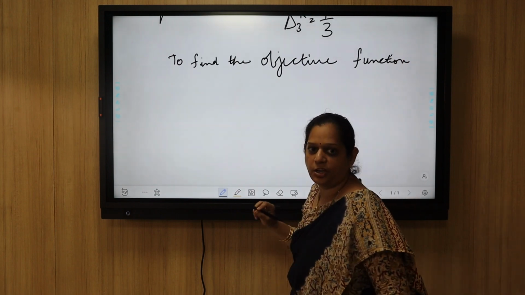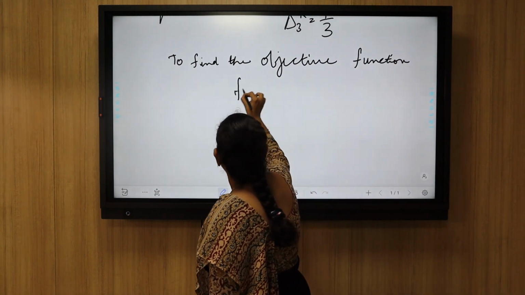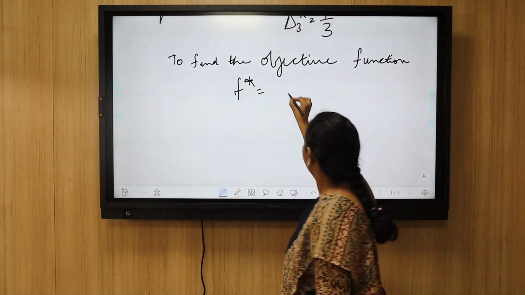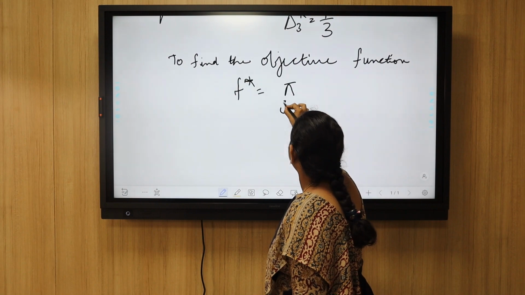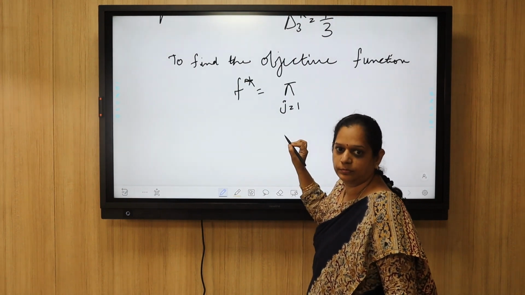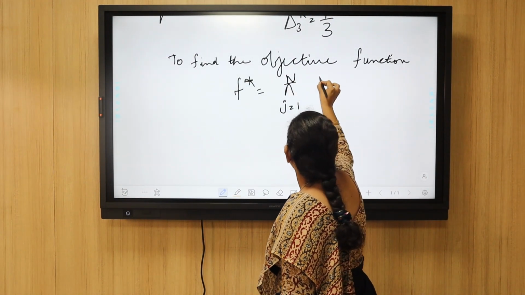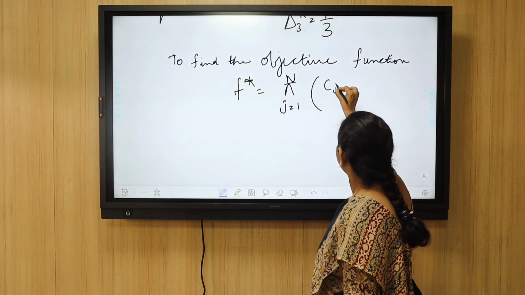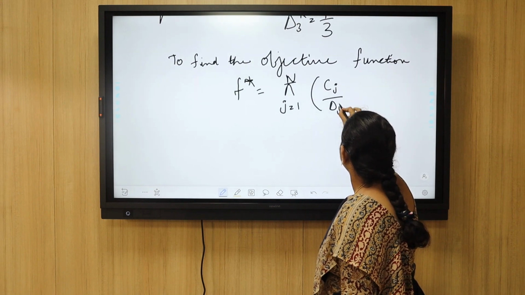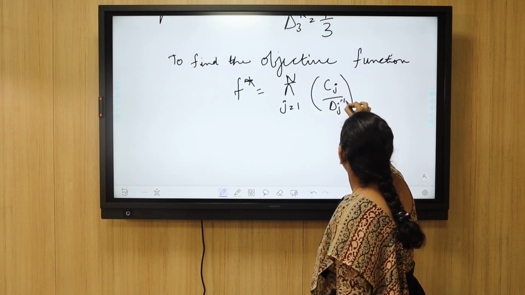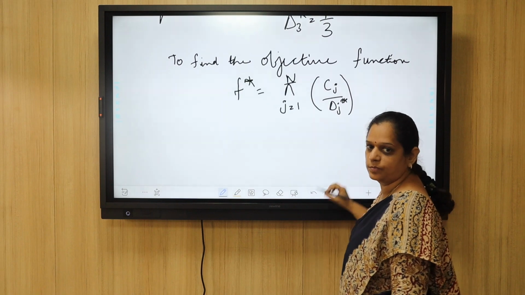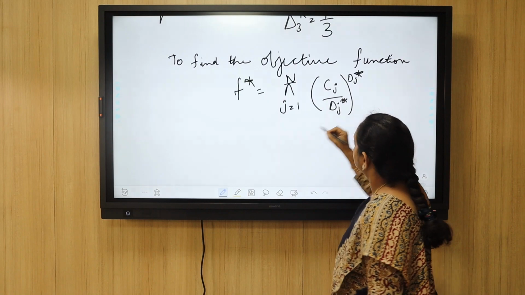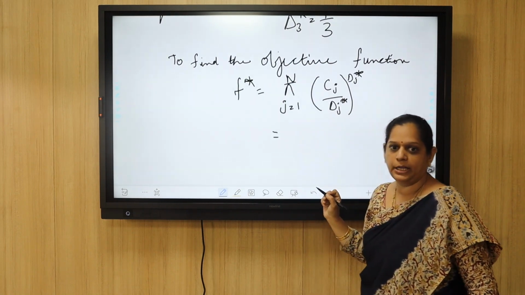To find the objective function f star, we can write this in which format?